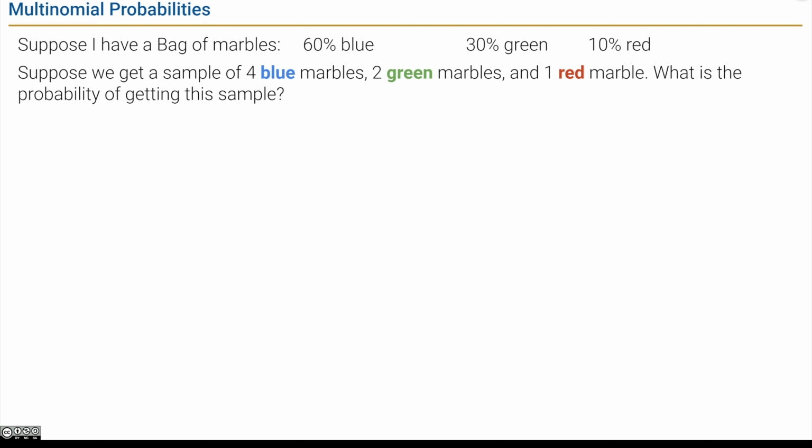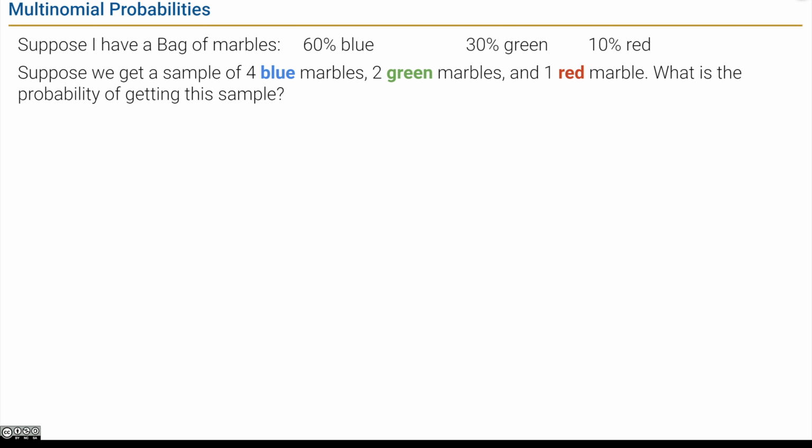So let's try it with an example. We're going back to that same bag of marbles. 60% are blue, 30% are green, 10% are red. Suppose you do a random sample with replacement of 7 marbles. And again, with replacement means I draw a marble out, I look at its color, I record it, then I put it back in. Draw a new marble out, look at its color, record it, put it back in.